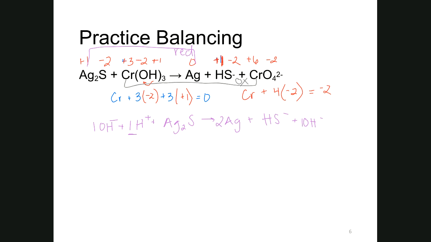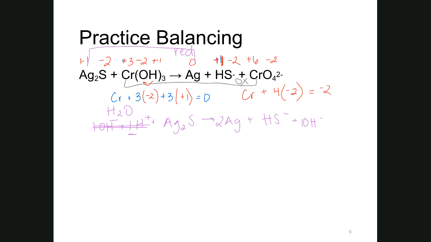On the left side, our hydroxide and our proton come together to make water. And so now we're left with a hydroxide only on our right side. So that was the added step. Add however many hydroxides you need to cancel out with the protons, and however many you add has to be added on both sides of the equation.